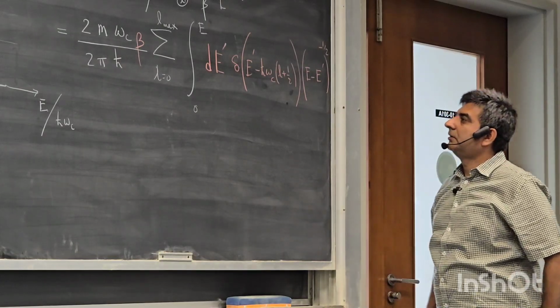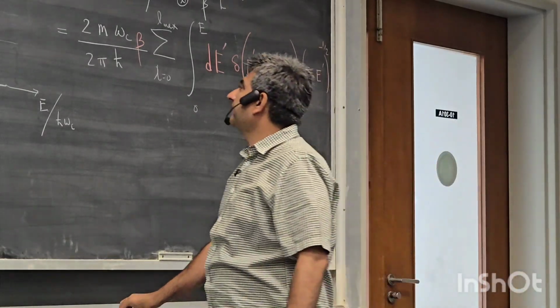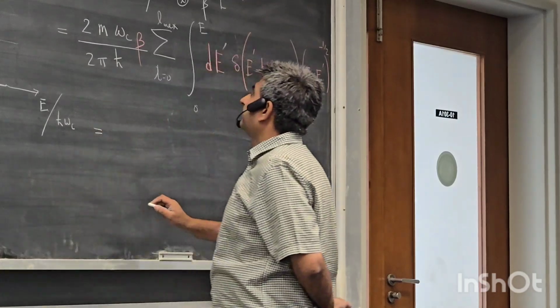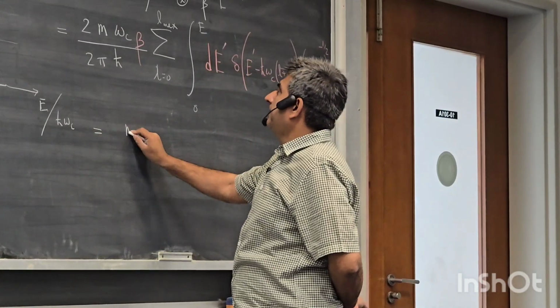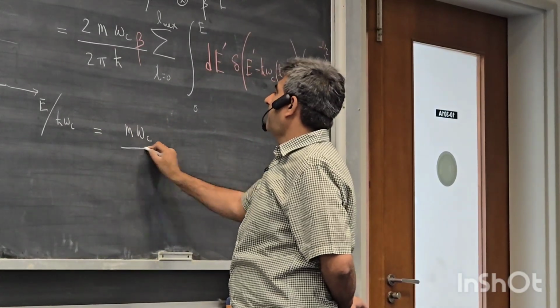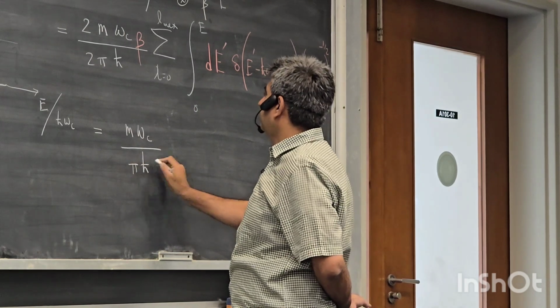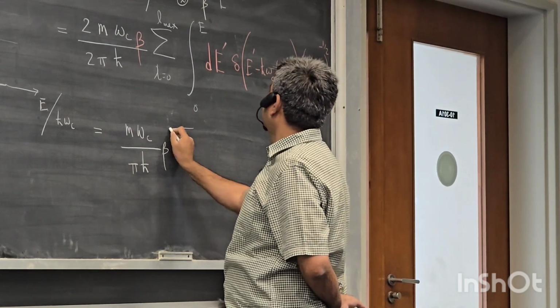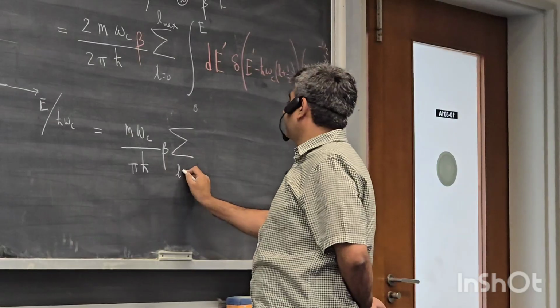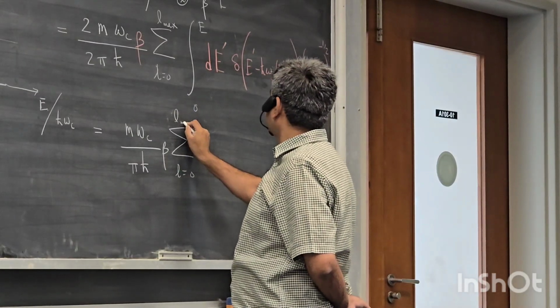So if I were to do that, this becomes m omega c over pi h bar beta, sum over L from 0 to L max.